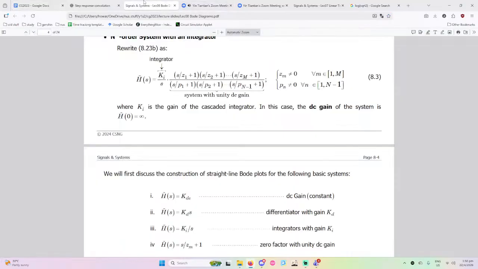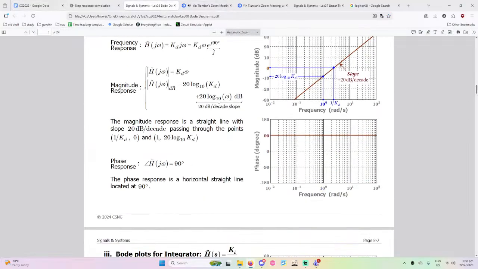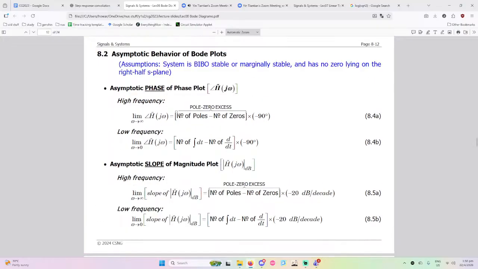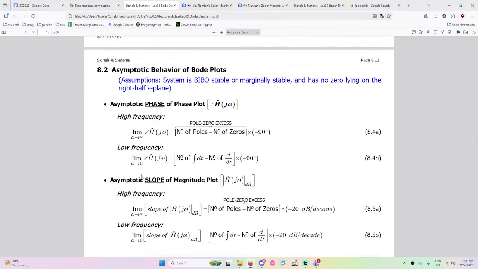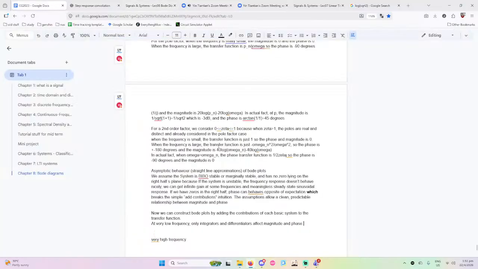The phase of J is 90 degrees. And in the fifth case, it is the pole factor. When omega is much larger than Pn, the denominator can be approximated as J omega over Pn. So what will be the slope of this frequency response? The slope of it is equal to minus 20 dB per decade, and the phase of it is minus 90 degrees.